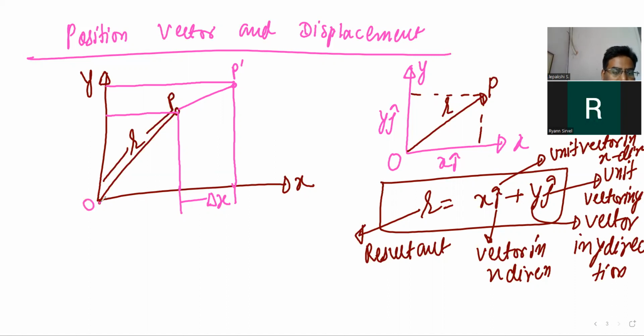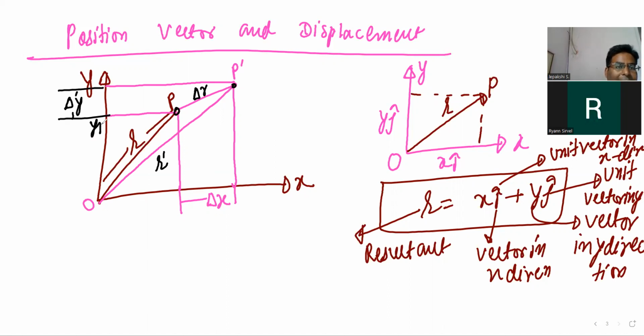Now join this line also to get the next resultant value, that is R dash. So this point P and P dash will give you delta R, change in the resultant position, right? And this point will give you the change in y axis, right?